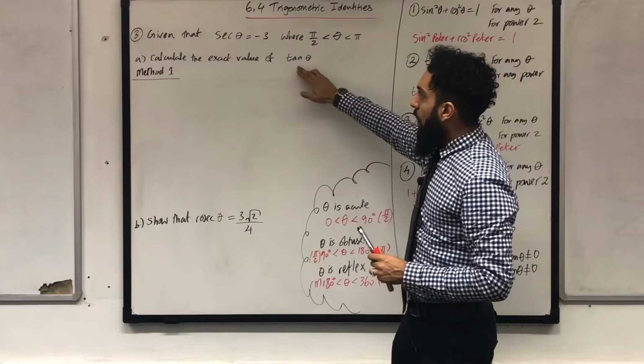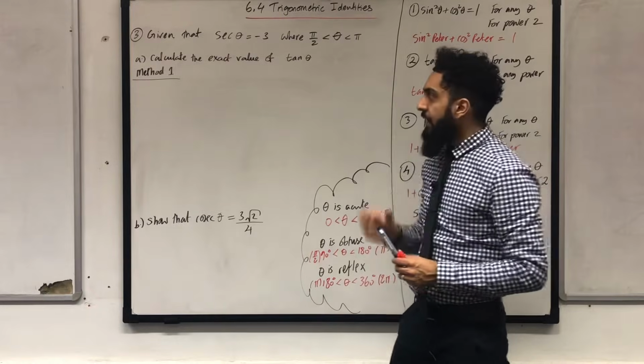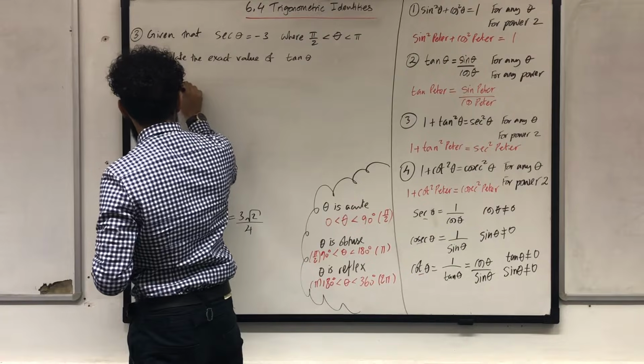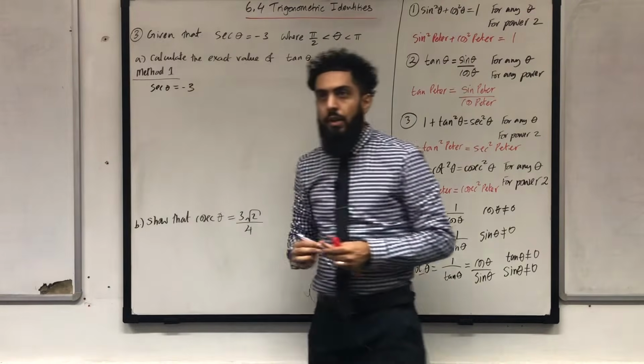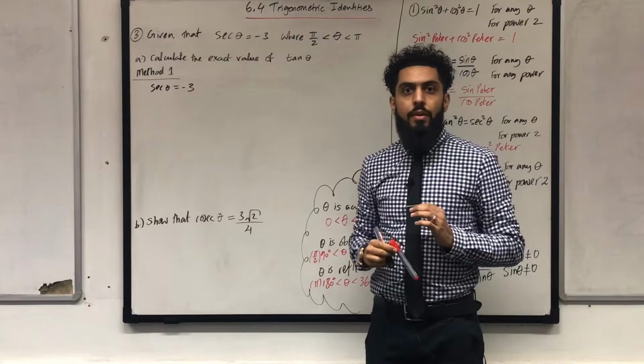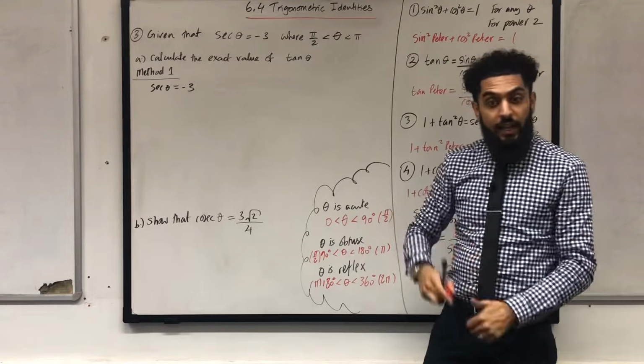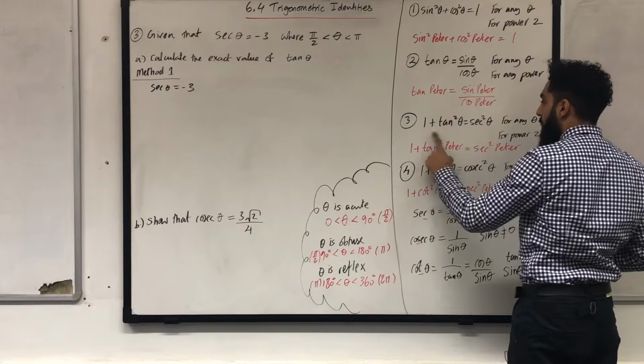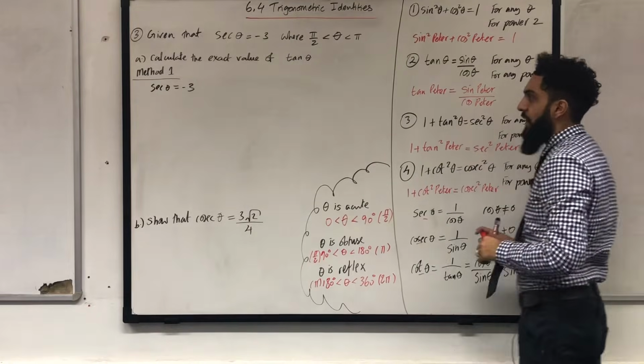I want to work out the value of tan theta. First of all, I'm going to start off with sec theta equal to minus 3. I know a very important identity that connects sec and tan, and that identity is this one over here: 1 plus tan squared theta equals sec squared theta.